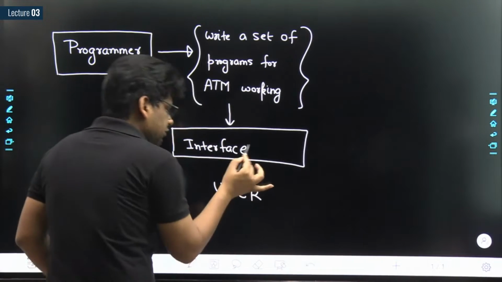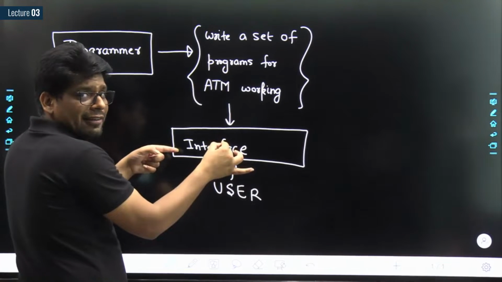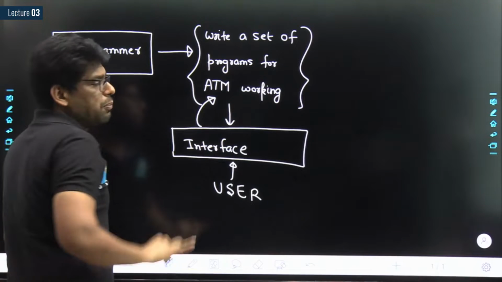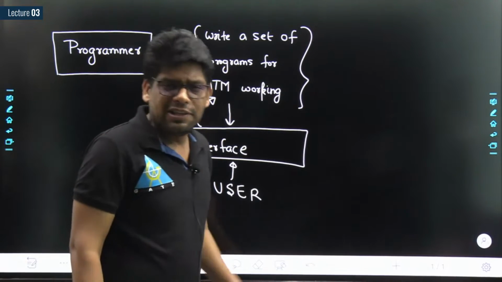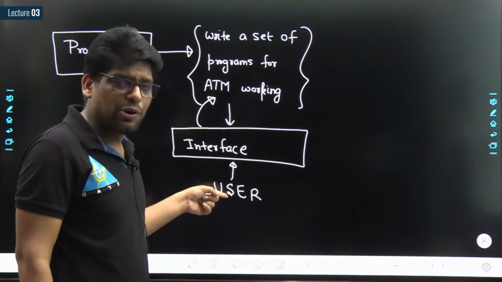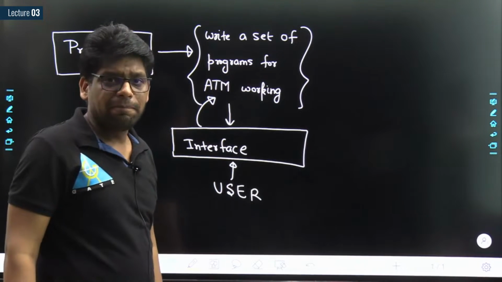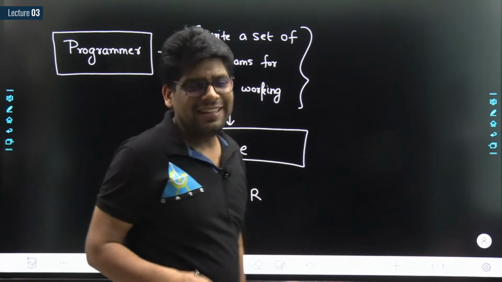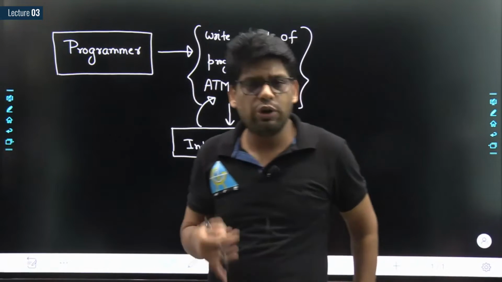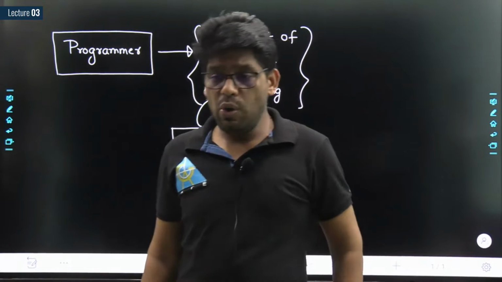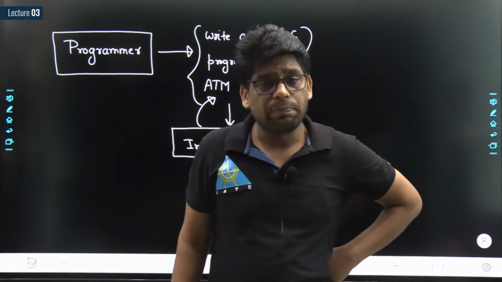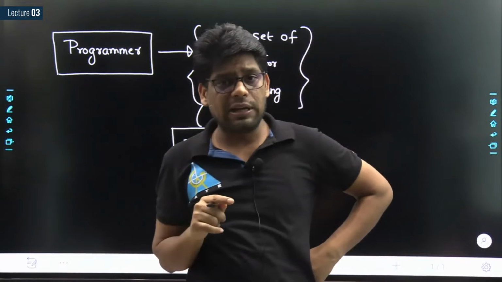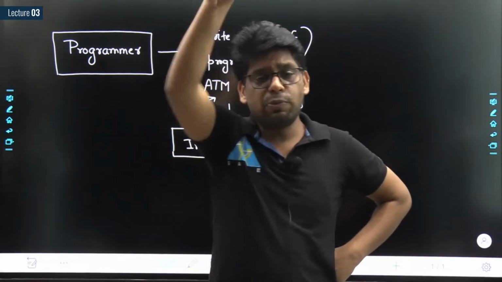The user by means of this interface is accessing these programs. Is it necessary that this user must know how these programs are written? In which language these programs are written? Is it necessary that someone who wants to withdraw some cash needs to know how this cash is getting withdrawn? How the programs are running? On which machine the programs are running? In which programming language?